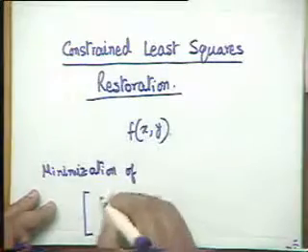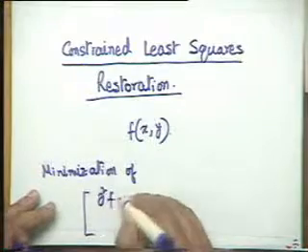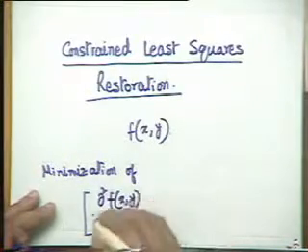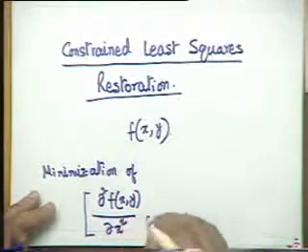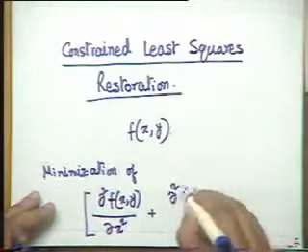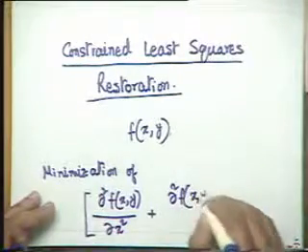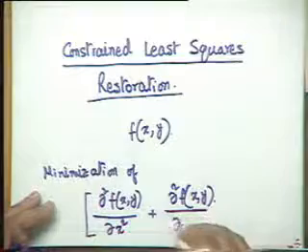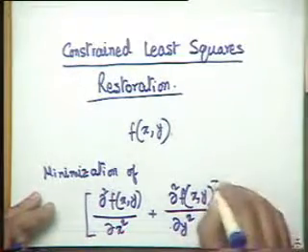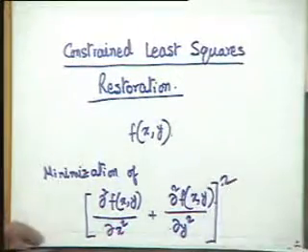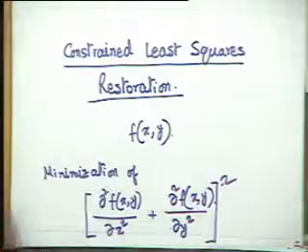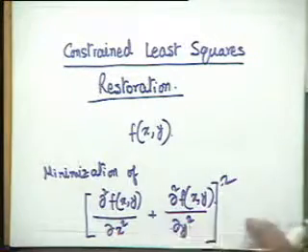That particular expression we are going to minimize. So we are going to consider the minimization of ∂²f(x,y)/∂x² plus ∂²f(x,y)/∂y². This square we are going to consider for minimization.